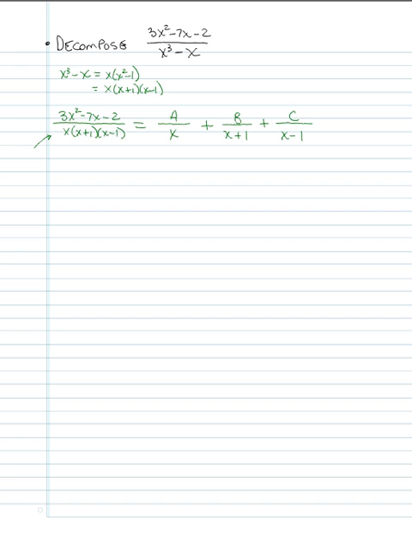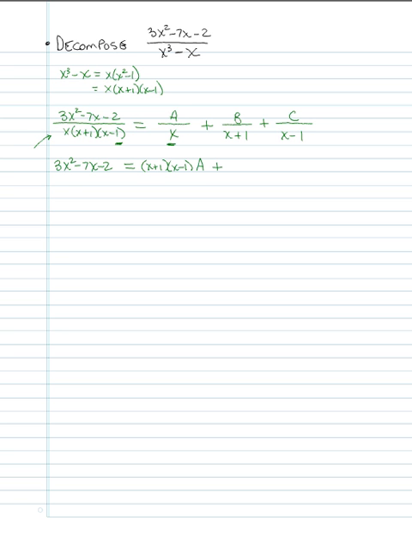And of course, when we multiply the left side by the denominator, we get 3x squared minus 7x minus 2. Now, I'm not going to show the multiplication. What I'm going to do is think about what happens when I multiply this denominator with this fraction: I'm going to have a cancellation of x's, but that's all. The x plus 1 and the x minus 1 won't cancel, and I'll still have times an a.